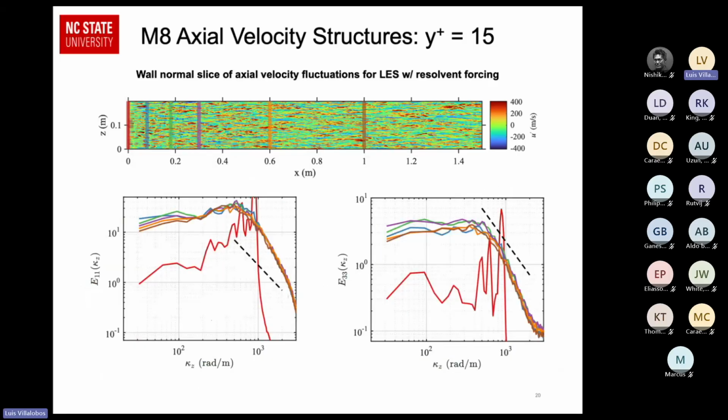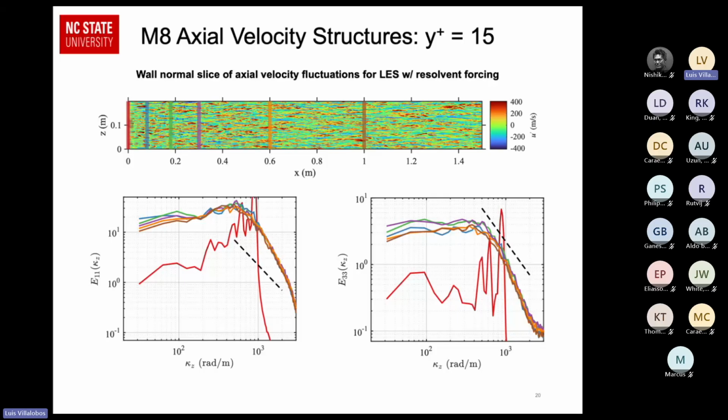We compare spanwise spectra for the u velocity and the w velocity fluctuations, and these are taken at the colored lines shown on the boundary layer. We can see that where the resolvent is implemented at the beginning of the simulation, it does not really look like a turbulent boundary layer at all. You can see that there's spikes in the spectra. The shape is completely wrong.